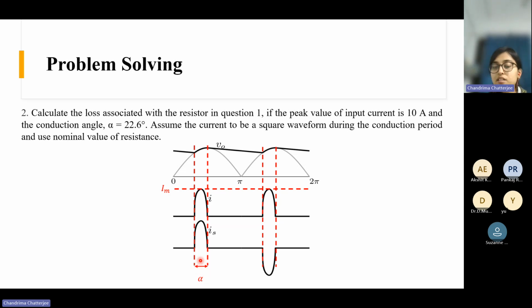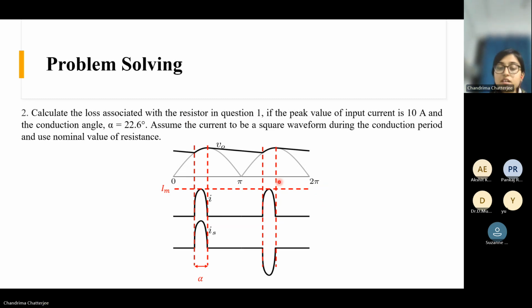And they are telling us this current shape is not square actually. This is a peaky sort of current. But they are saying you can assume it as a square waveform for the ease of calculation.